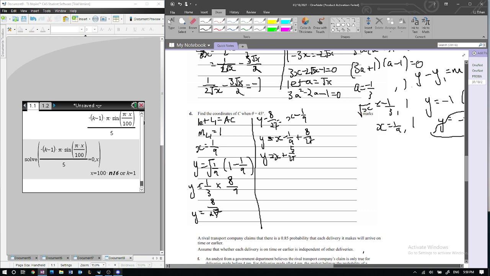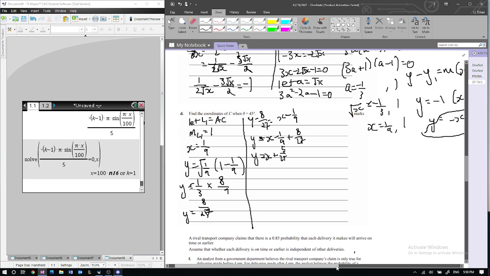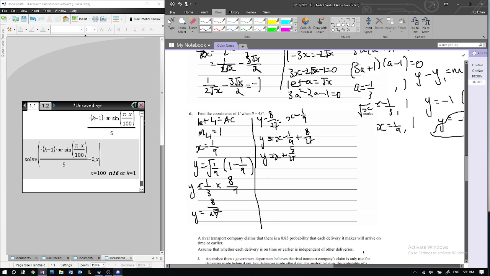And then from before, your equation for BC, what was it? Let me see. Negative x plus 1. Okay. So it's easy now. You just let those equate. So negative x plus 1 equals x plus 5 on 27, so 2x is equal to 22 on 27. x is equal to 11 on 27. Okay, so that's the x coordinate of the point of intersection. And now you need to find the y, and you just sub it in again.